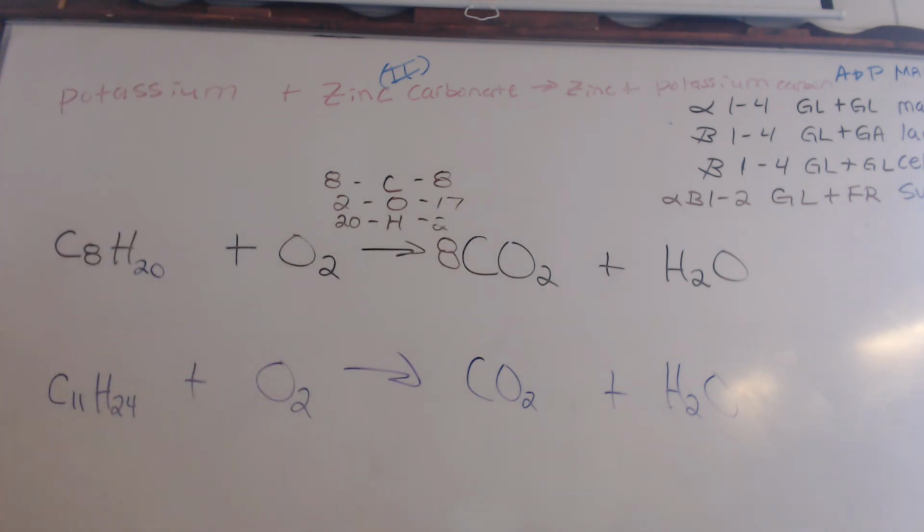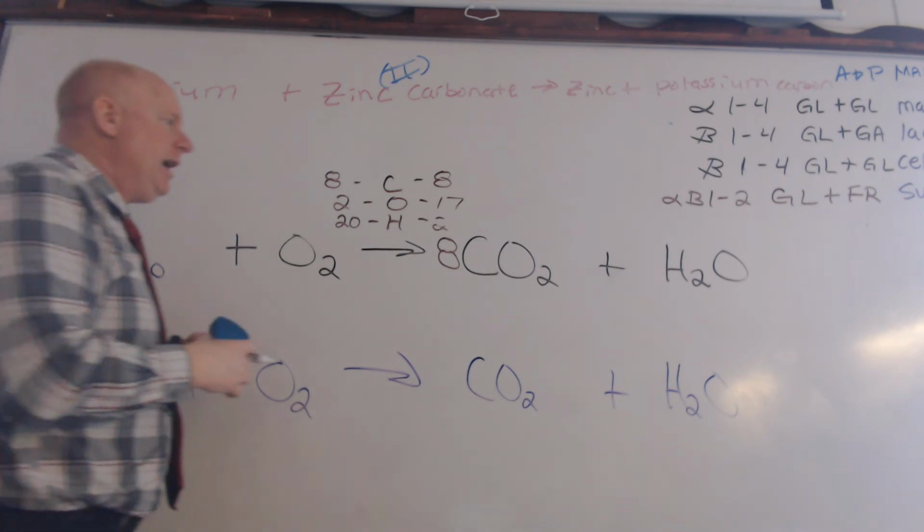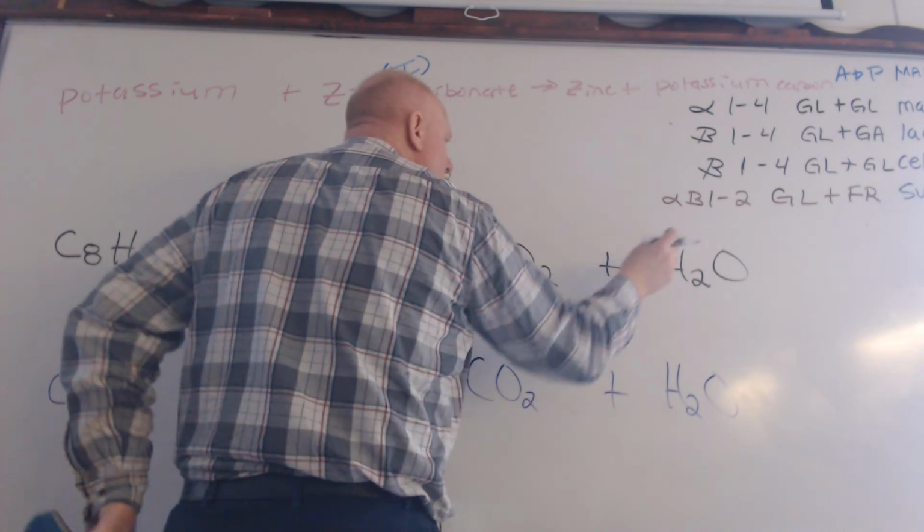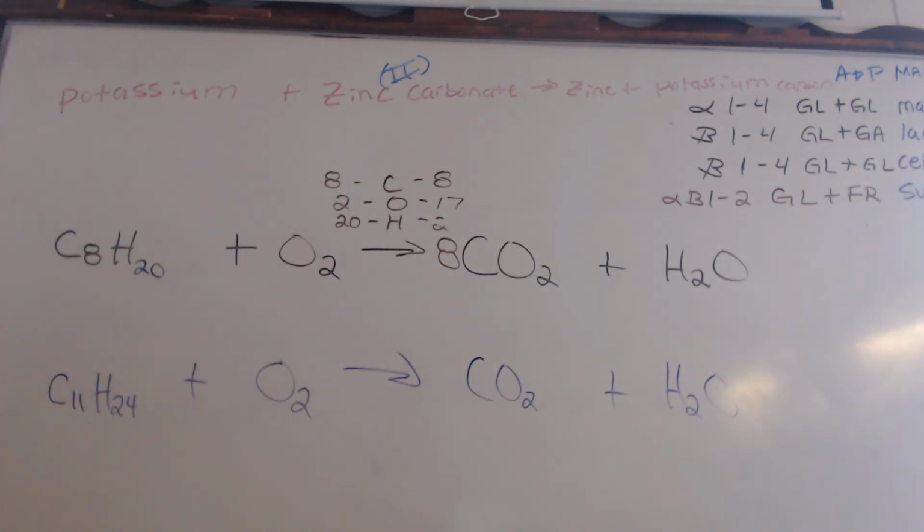Now, let's go ahead and look at your hydrogens. You've got 20. Play that again, please. If you got 20 over here and you've got 1 over there, what can you do?